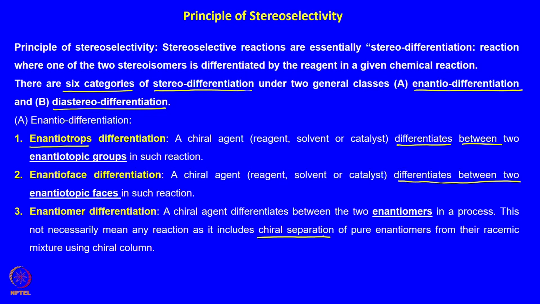So that chiral column has a chiral reagent which interacts with one of the 2 enantiomers and blocks the passage of that enantiomer and allows the passage of the other enantiomer through the column, and one can separate a mixture of enantiomers using this kind of column chromatography.